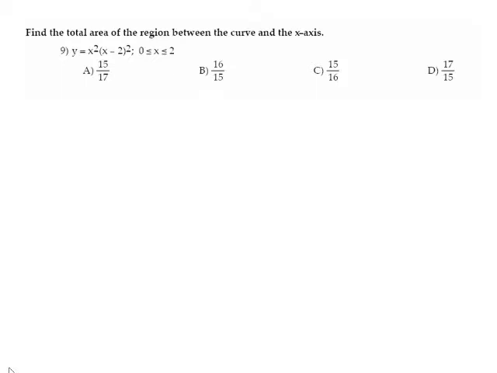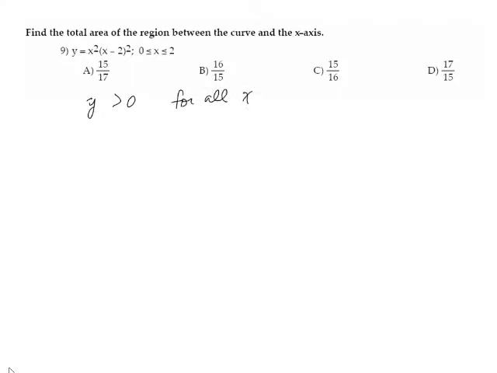Problem 9, we want to find the total area of the region between the curve and the x-axis. If you look at this function, notice first of all that y is more than or equal to 0 for all x.